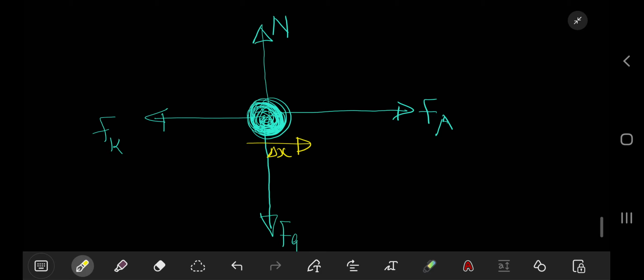On this free body diagram, we can see that in total there are 4 forces acting on that object. In the previous video we said that some of the forces do work, and some do not do work.